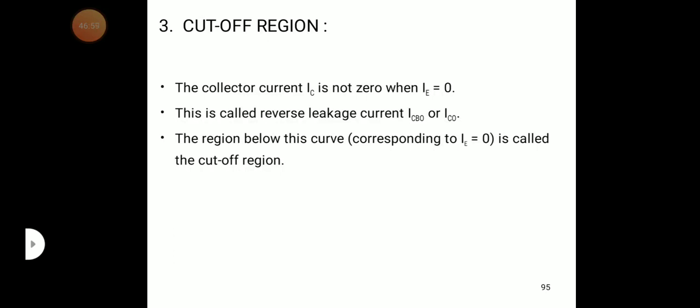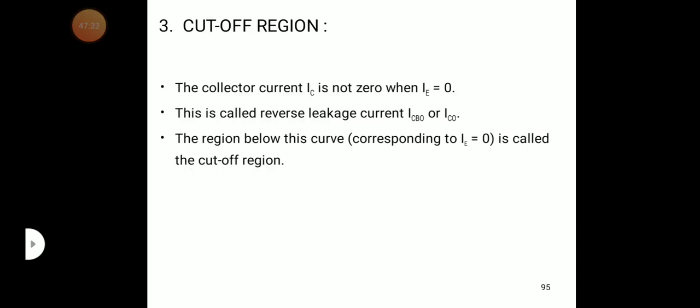Output characteristics are divided into three regions: the active region, saturation region, and cutoff region. In the active region, the IC curves are constant, practically independent of VCB. Depending on the IE value, we automatically get the IC value.